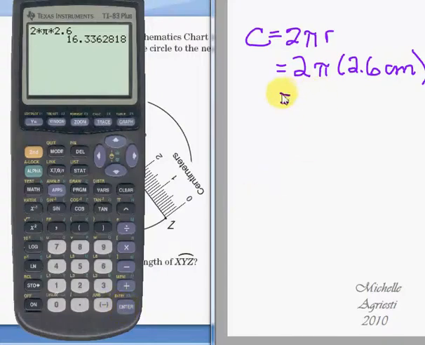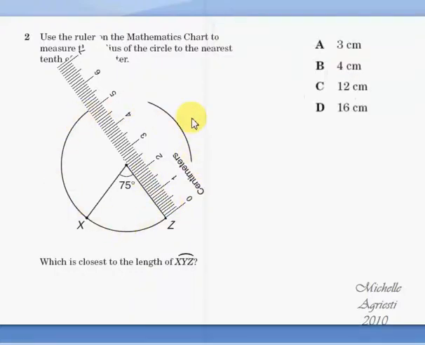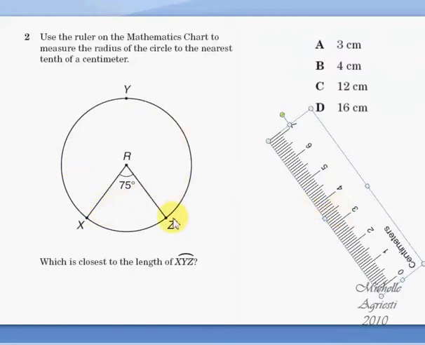So we know we have approximately 16.34 centimeters. And that is for the whole circumference. We don't want the whole circumference, we just want the part from X over to Z. And to find that, we would need to do a proportion.